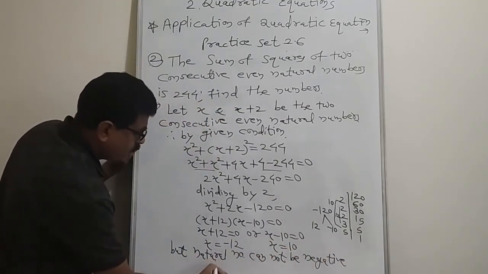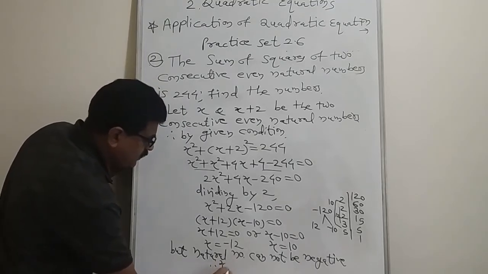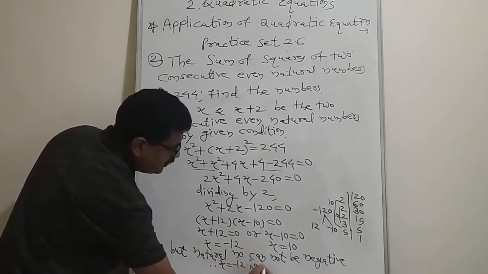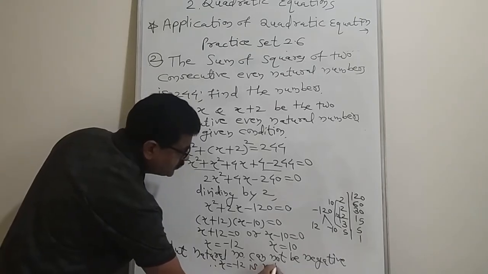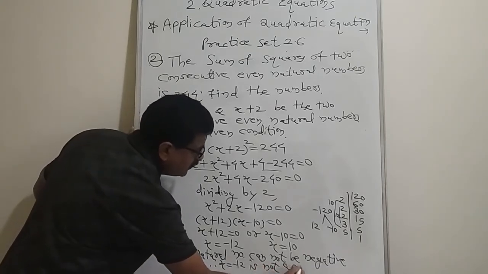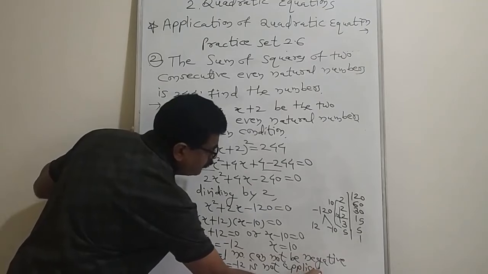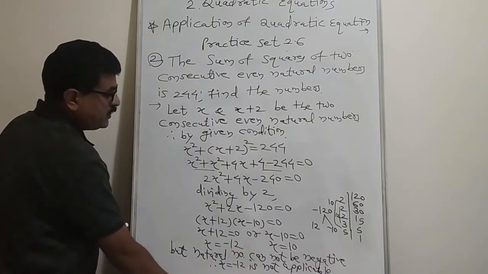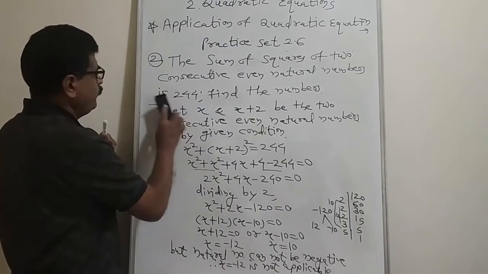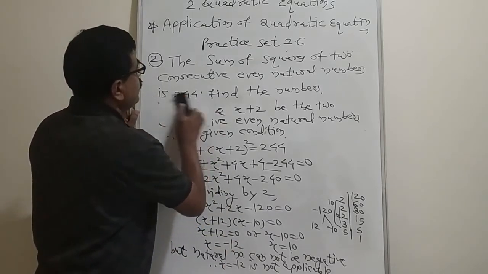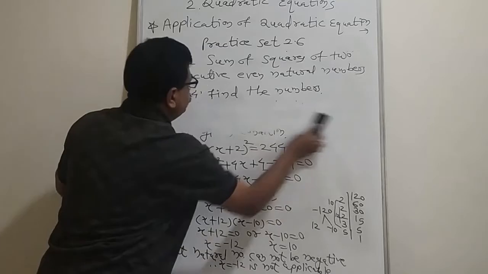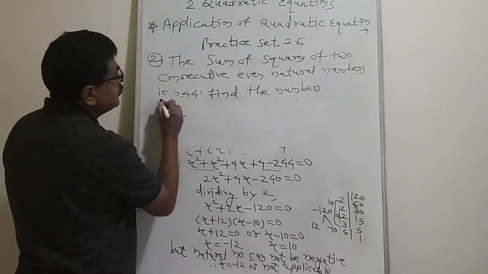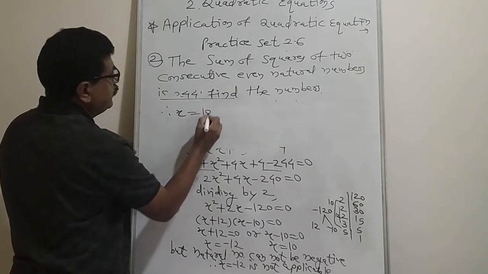Therefore x is equal to minus 12 is not applicable. Then what is applicable? Therefore x is equal to 10.